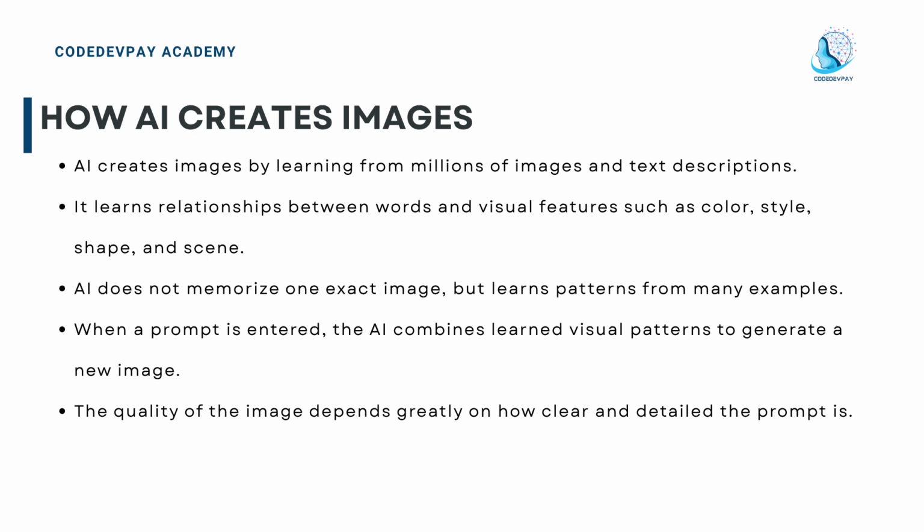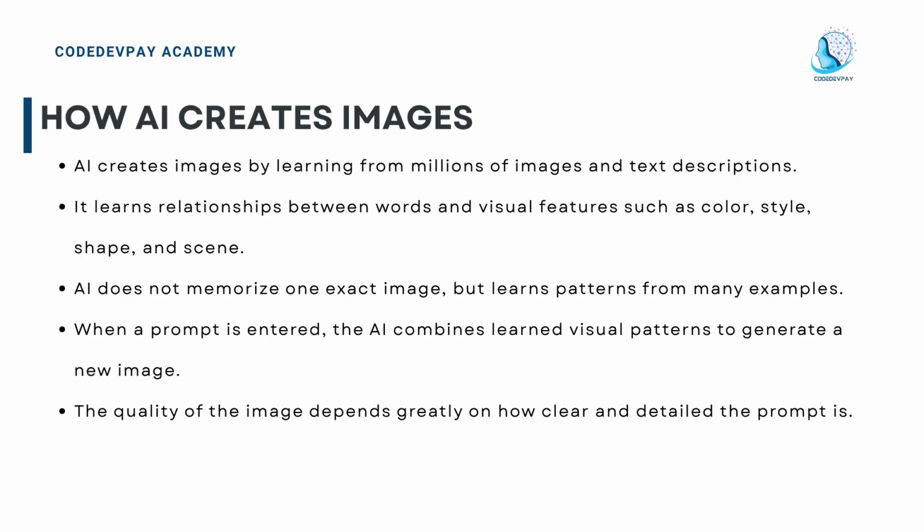So what you need to know is that when the user enters a simple prompt, an example is a futuristic city at sunset. We will demonstrate this very soon. The AI will analyze the words: futuristic, city, and sunset.